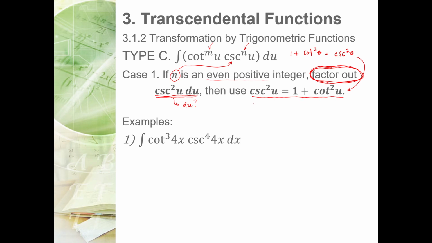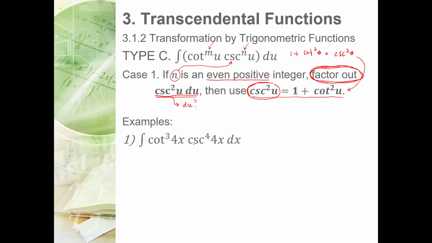After factoring out cosecant squared u, use cosecant squared u is equal to 1 plus cotangent squared u. So what does this mean? Since we factored out cosecant squared u, there's a cosecant squared term left inside the integrand.